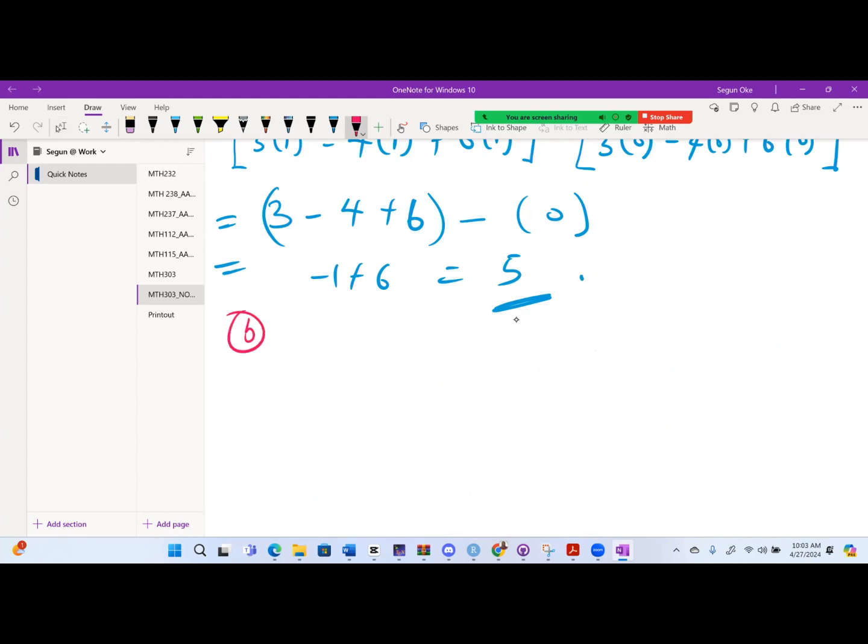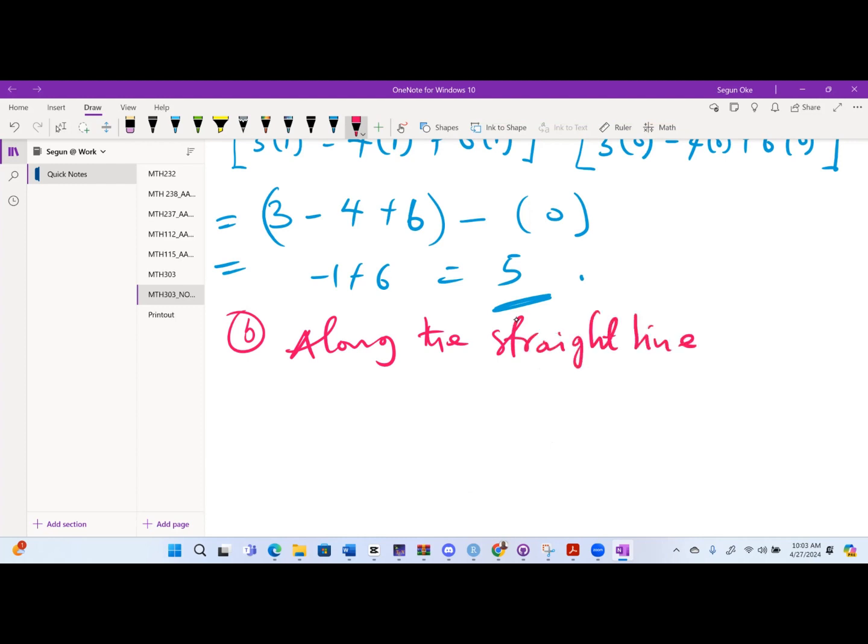The B part of the question says the straight line from (0, 0, 0) to (1, 0, 0).